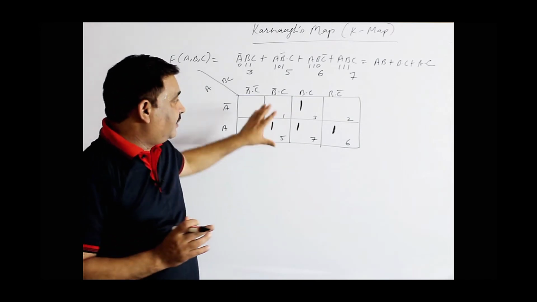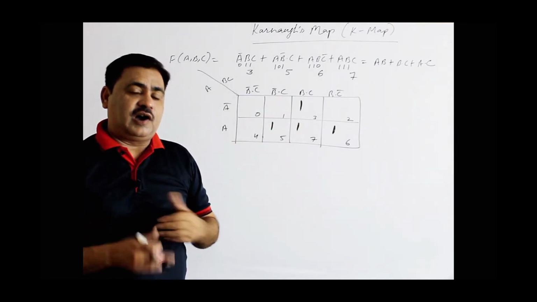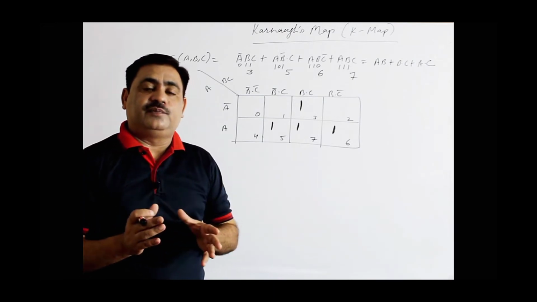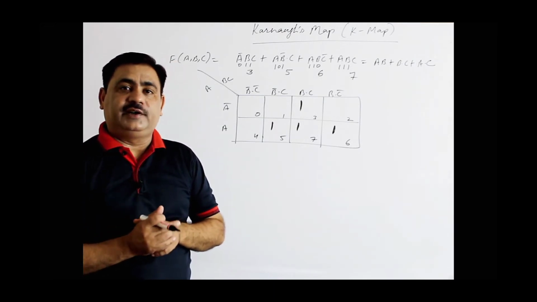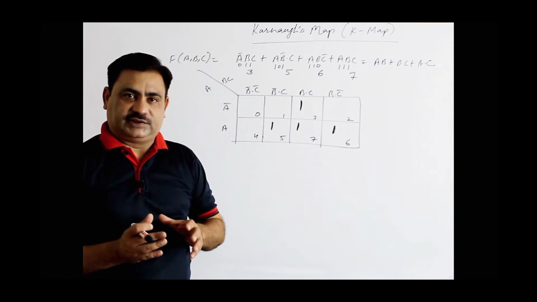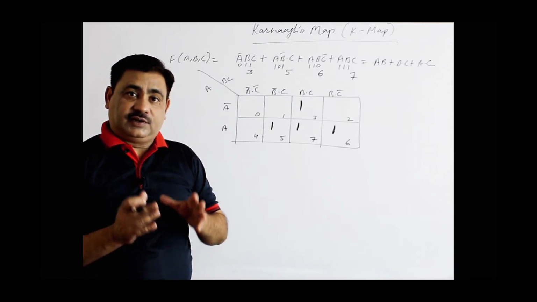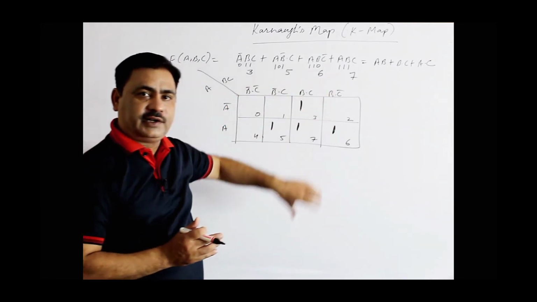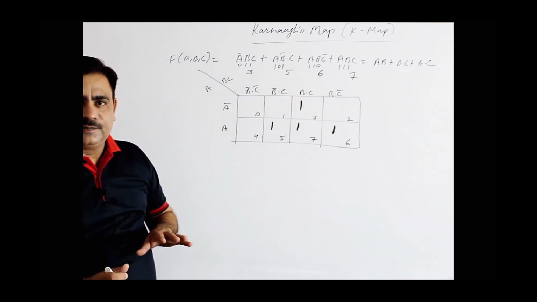Once the K map is filled with ones, now how to reduce it? First thing, you try to form an octet. Octet means a combination of 8 ones, either horizontally or vertically or in square shape.